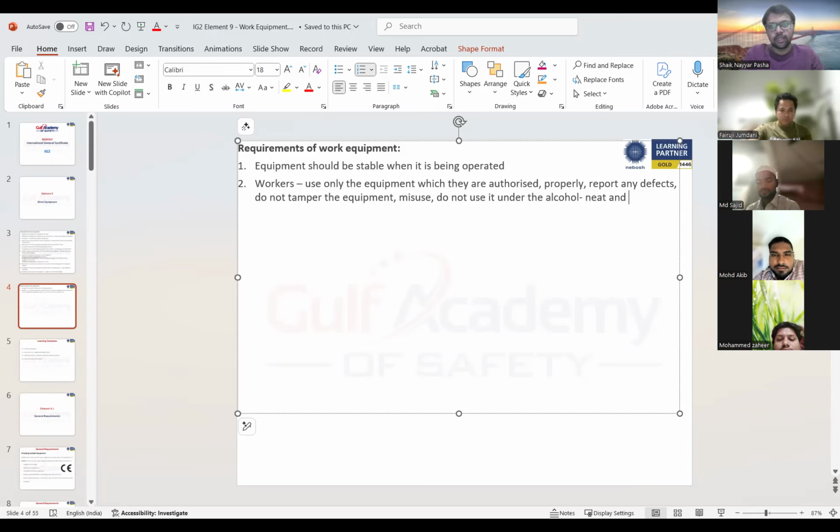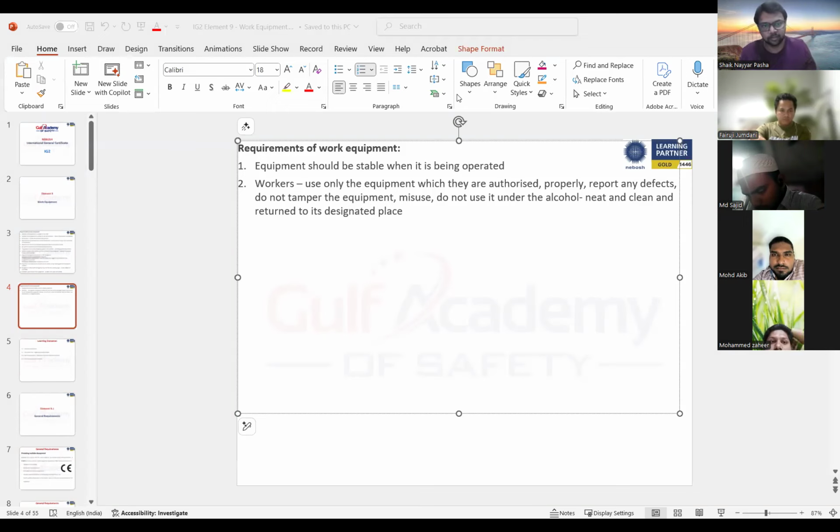Equipment should be kept neat and clean by the worker and returned to its designated place. Means once you take the equipment from the storeroom for a task, you use it. Once the task is completed, you clean the equipment and return it back to its place safely. That is one thing.